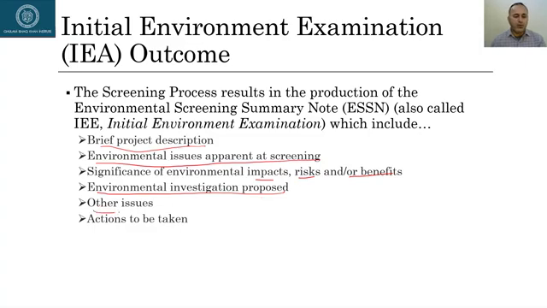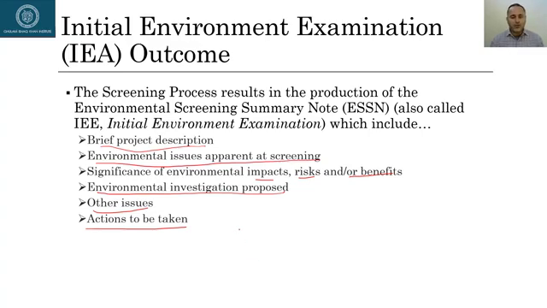Any other issues can also be highlighted, and then of course it highlights the actions which need to be taken. One of the actions may be that it recommends that the regulator, the government, or the lender carry out a full-scale environmental impact assessment study.